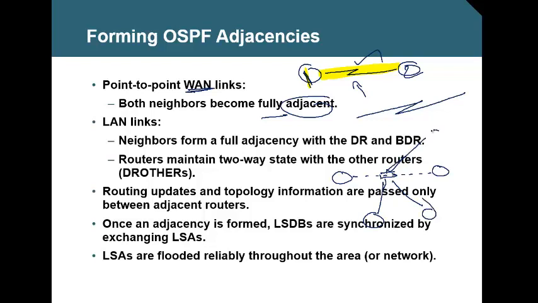You may have many devices or just 2 devices. So this is what is called a LAN environment. All these will be in the same subnet. So there will be one designated router, DR, one backup designated router, BDR, and other routers. With only DR and BDR, you will see all forming full adjacency.